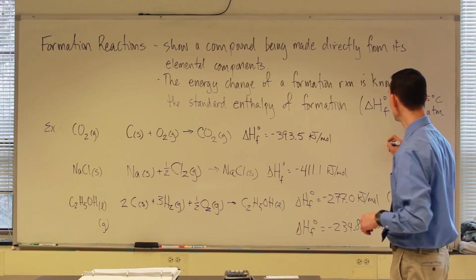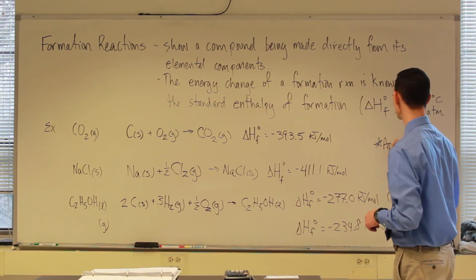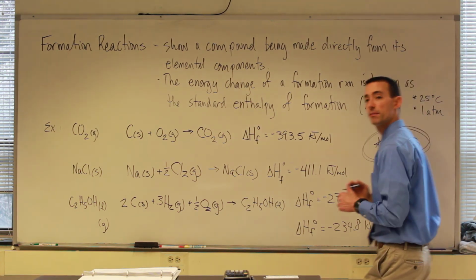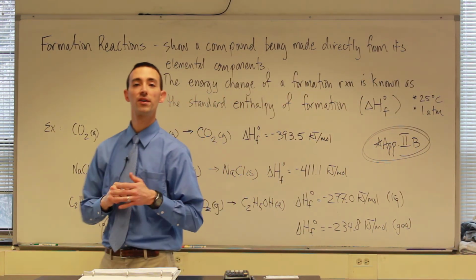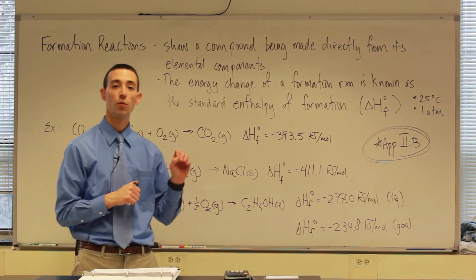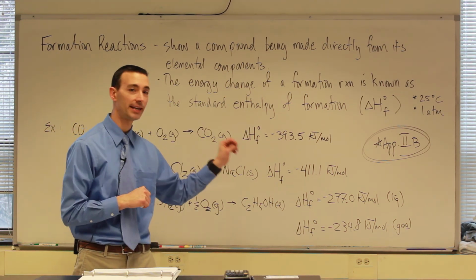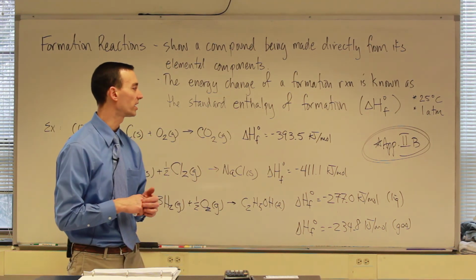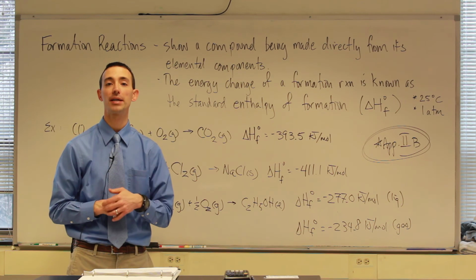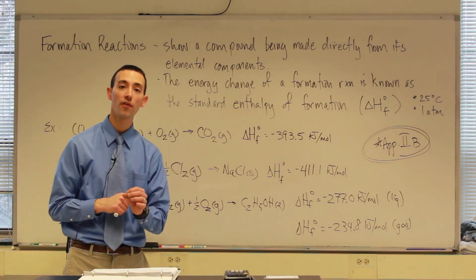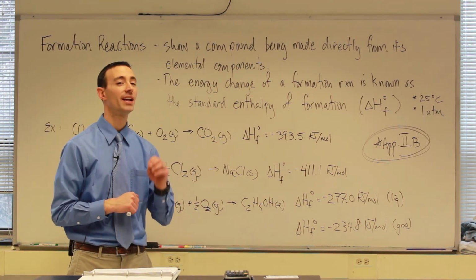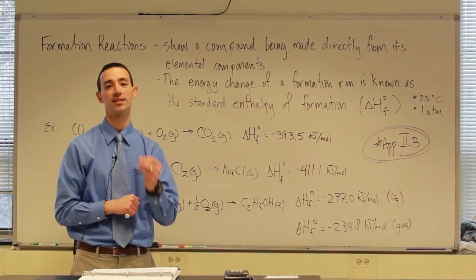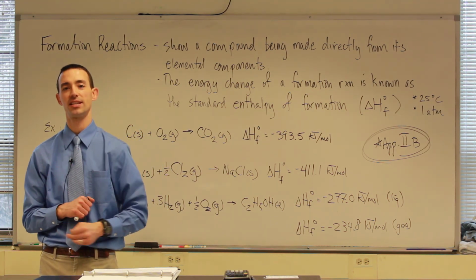I got all of these values out of Appendix 2B in your textbook. That's going to be a very important resource for you for the remainder of this chapter. And you want to make sure that you're using the Appendix 2B values, that you're not just web searching for delta H formation values when you're doing your Mastering Chemistry homework, because recall that, maybe you learned this lesson in Chem 1, the answers in Mastering Chemistry are linked to constants in your textbook, as they're listed in your textbook.